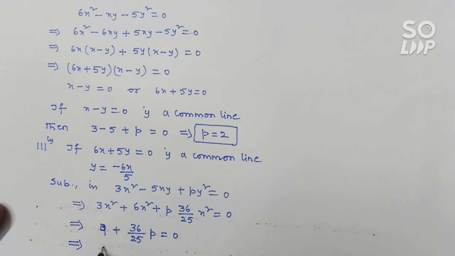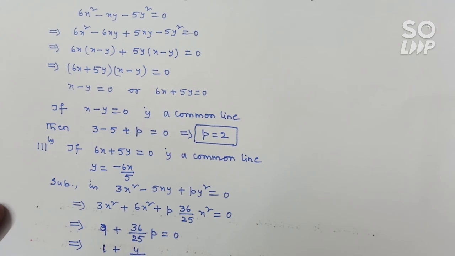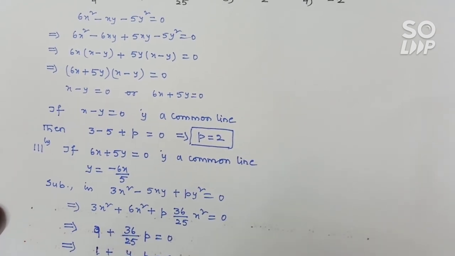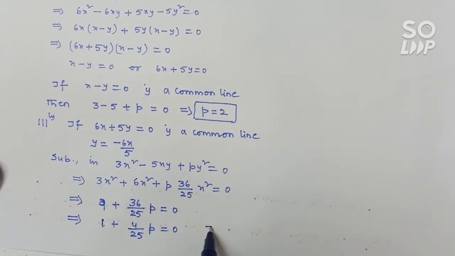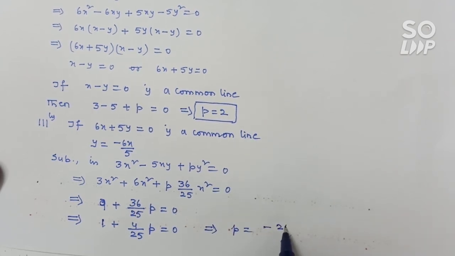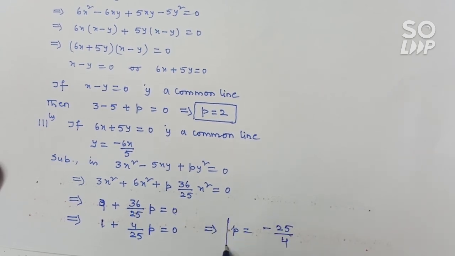By dividing with 9, 1 plus 4 by 25 into p is equal to 0. From this, what is the p value? p is equal to minus 25 by 4. So another possible value of p is minus 25 by 4.